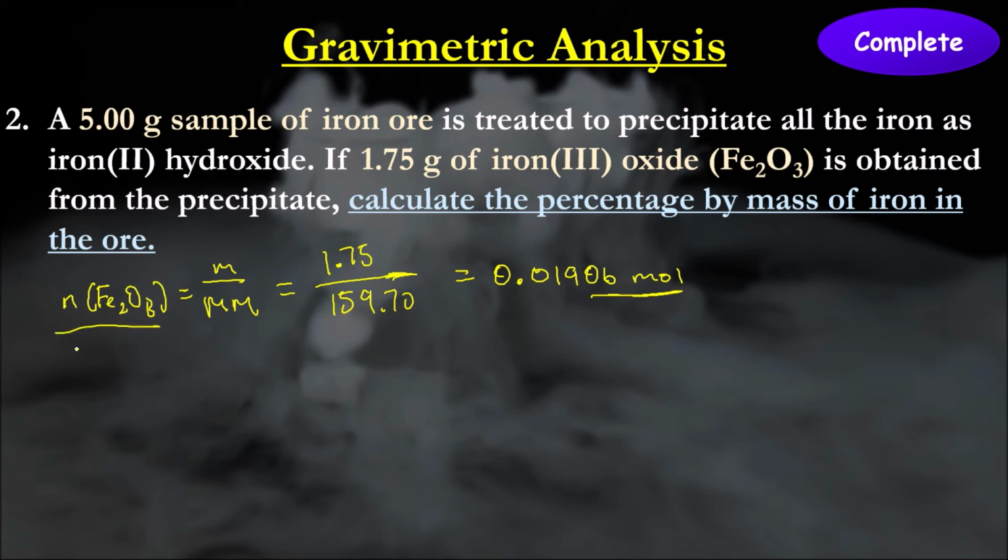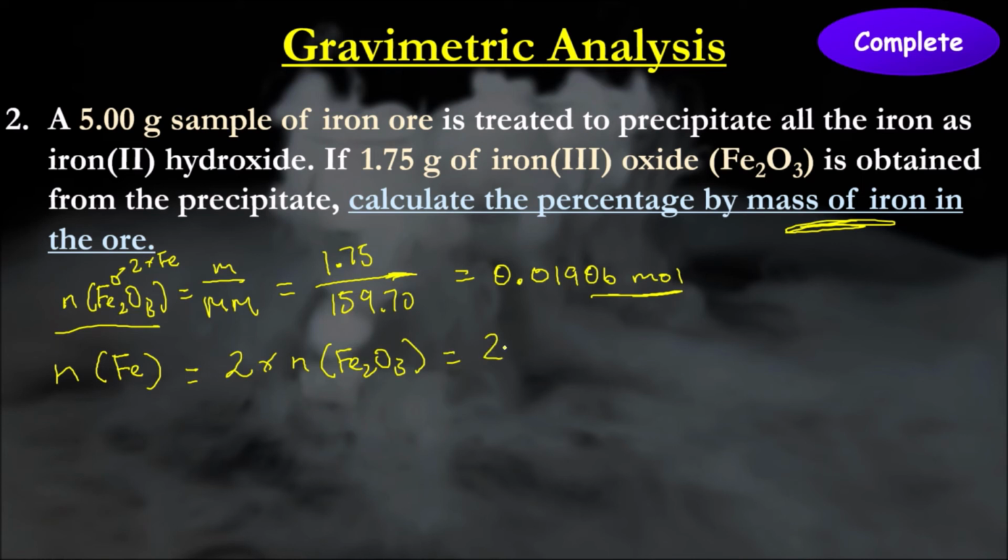The next thing is we need to work out the number of moles of iron, because the question is asking the percentage of iron by mass. Okay, if you actually look at the formula here, there are 2 iron atoms for each iron 3 oxide element. So it'd be 2 times the number of moles of iron 2, 3.